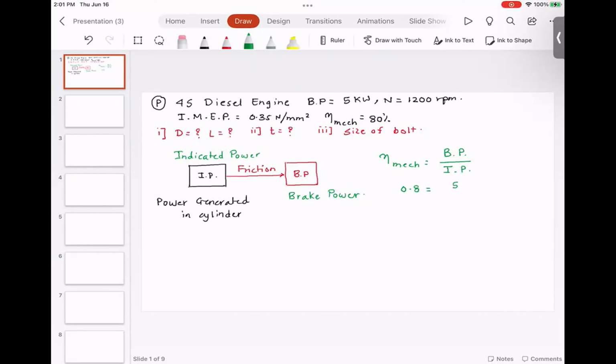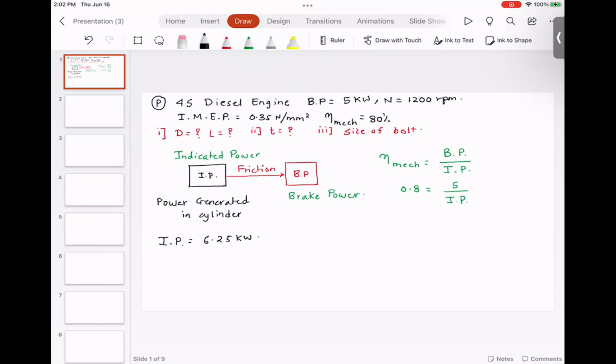So brake power is 5 kilowatts. From here, you should be able to find out the indicated power. Indicated power is 6.25 kilowatts.